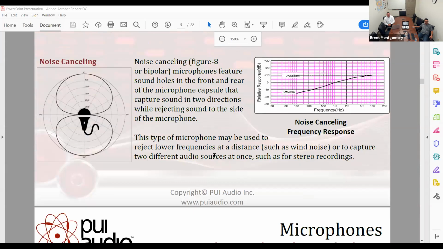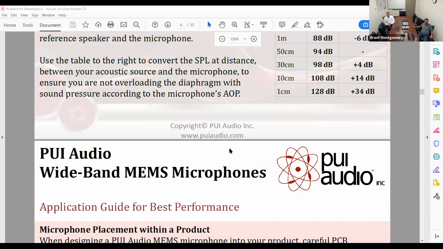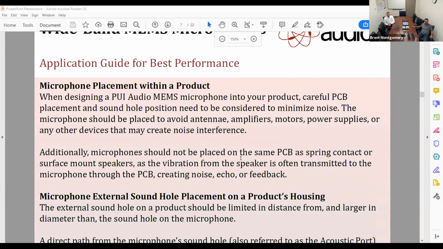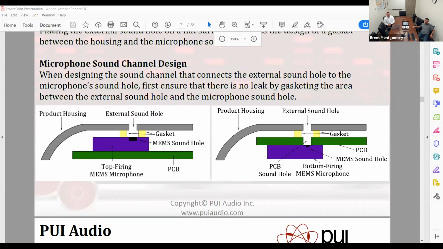Out of our MEMS microphones, let me see here. So with MEMS microphones, like I said, we have 2 different types. We have a bottom firing microphone and we have a top firing microphone.